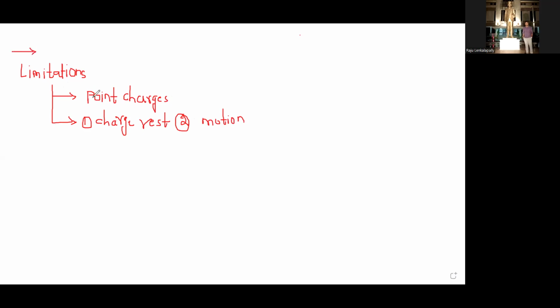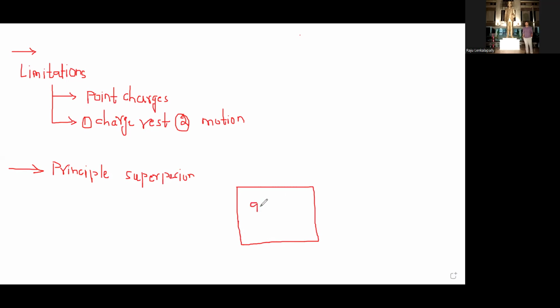The second concept is the principle of superposition. Superposition means, if we take a system, so this is one system. In this system, three charges are present: this is Q1, one more charge is Q2, and one more charge is Q3.